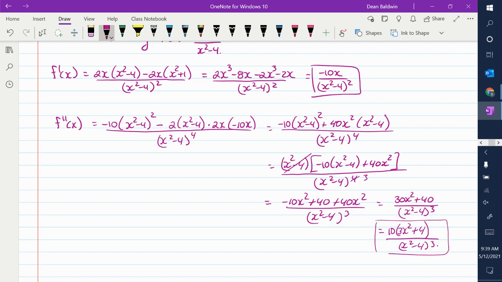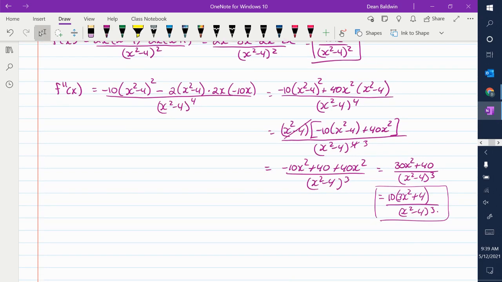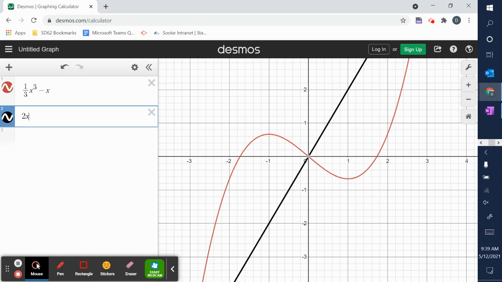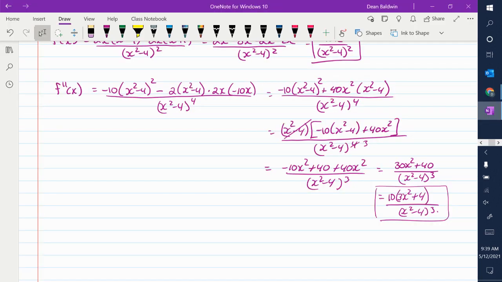All right. So what did people get? Something close to that. Okay, so 10 times 3x squared plus 4 over x squared minus 4 cubed.